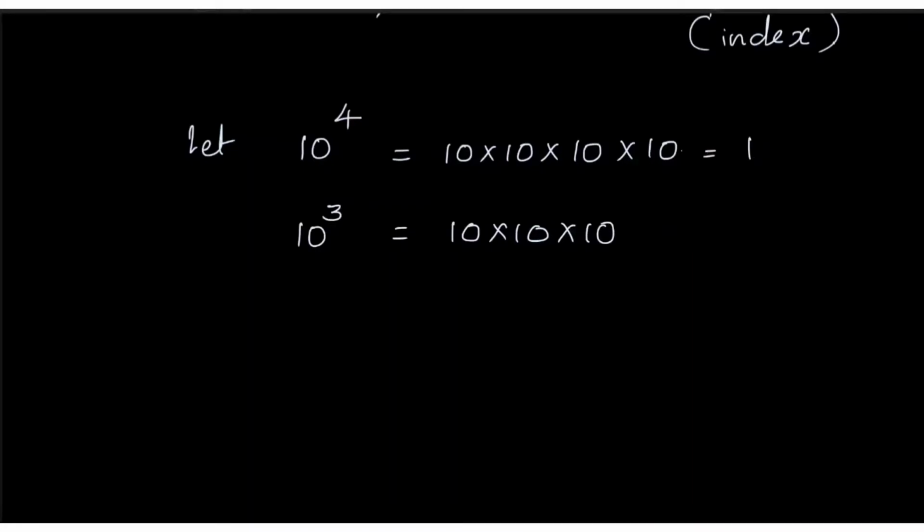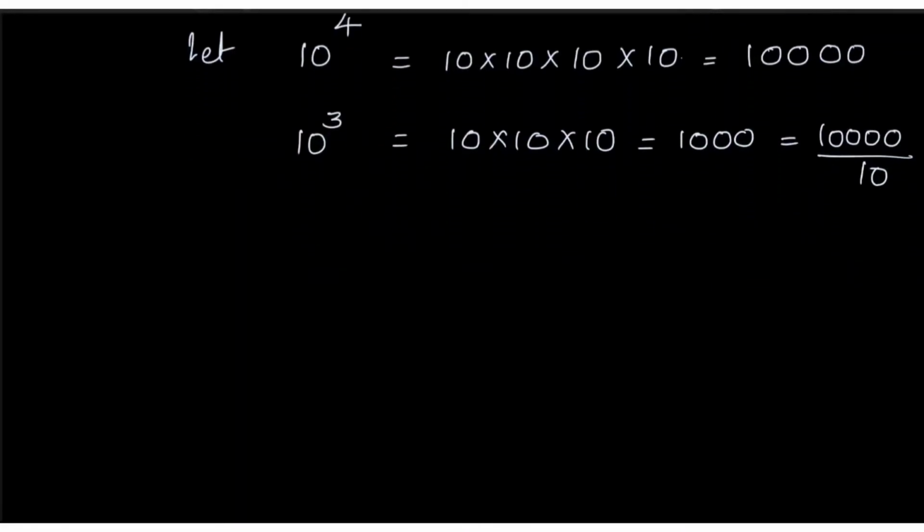10 raised to 4 is equal to 10000, and 10 raised to 3 is equal to 1000. It is nothing but the previous number, that is 10 raised to 4 divided by 10, is equal to 10 raised to 3. That is, 10 raised to 4 divided by 10 raised to 1 is equal to 10 raised to 3.